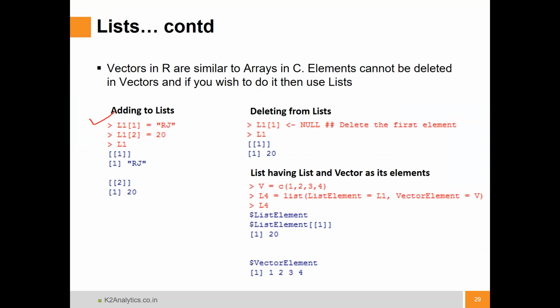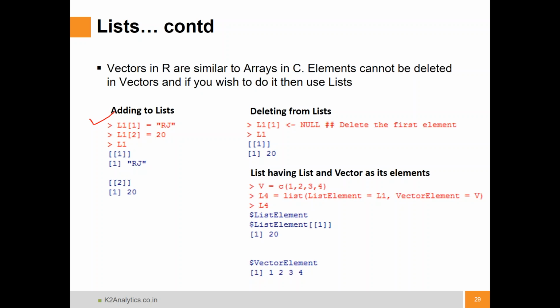Now if I want to delete it, the moment I delete an element from a list, what will happen? If I delete the first element of the list, the rest of the elements will still be there, but their sequence number will change. They will move up.